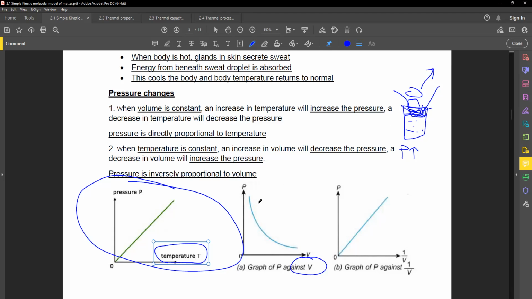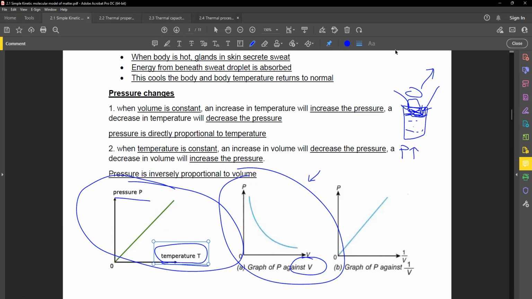Very important. I think you can relate this to any logical real life experience, but you must understand that pressure and temperature are definitely directly proportional. The greater the temperature, definitely the greater the pressure here, right? Whereas pressure and volume are inversely proportional. You must remember this as well. You can relate this to the compression of a balloon, right?